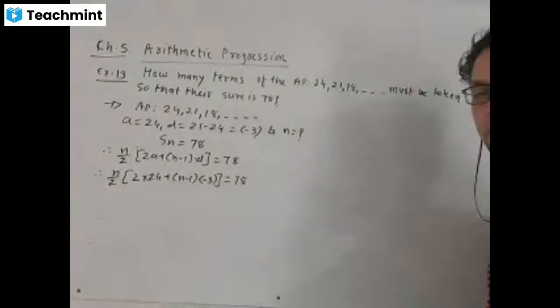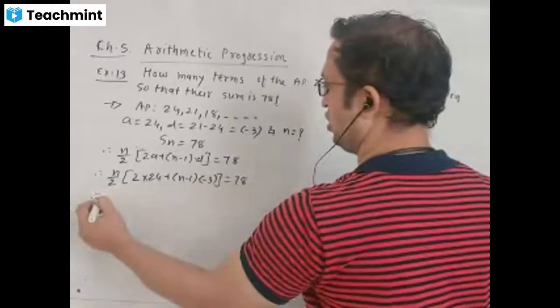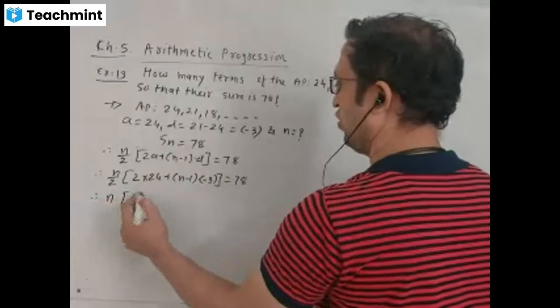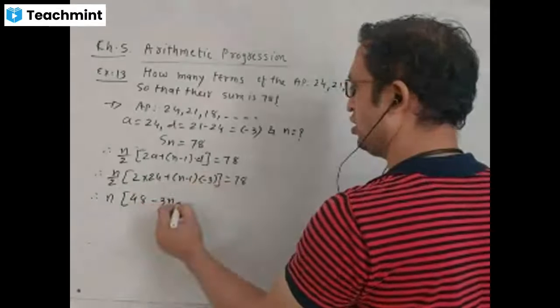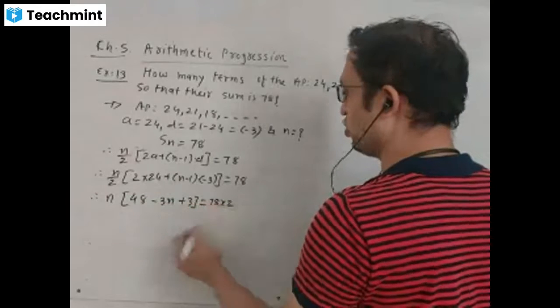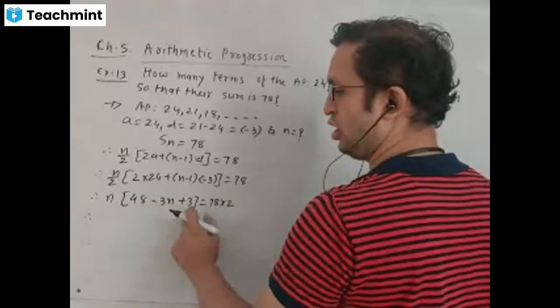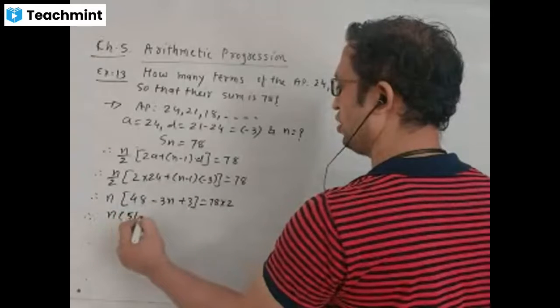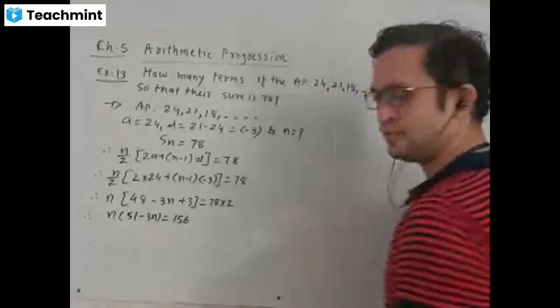Multiplying by 2, 48 minus 3n plus 3, that is 51 minus 3n, is equal to 156.